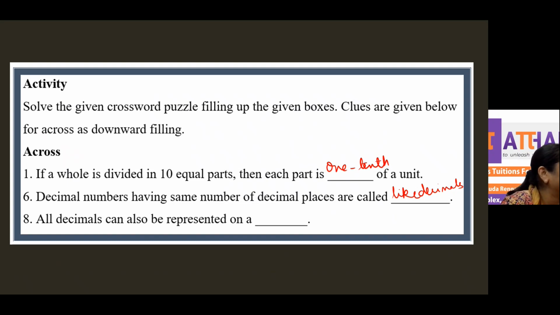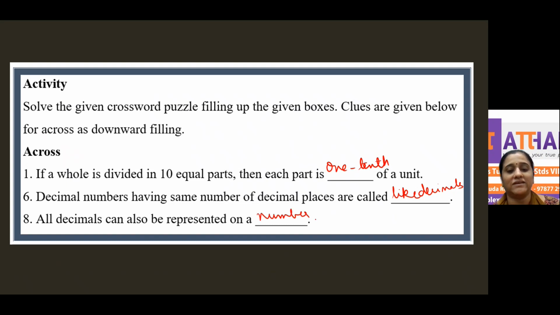It has two words, and the second word is line. Number line. All decimals can also be represented on a number line.